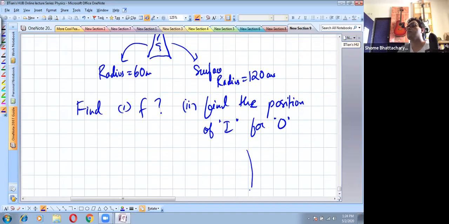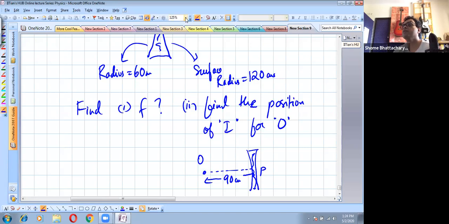So, this I am keeping at a distance of, let us say, 90 centimeters from the common pole. So for this, what will be the position of the image?